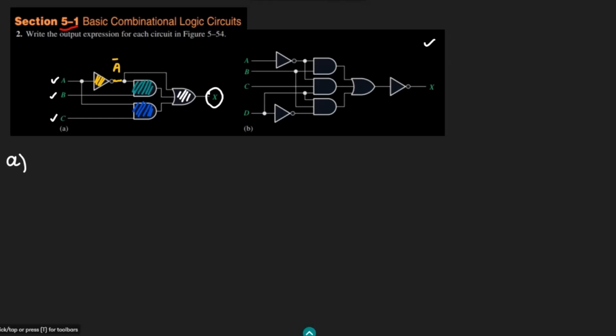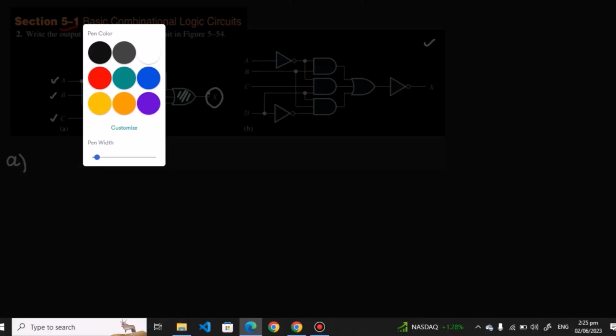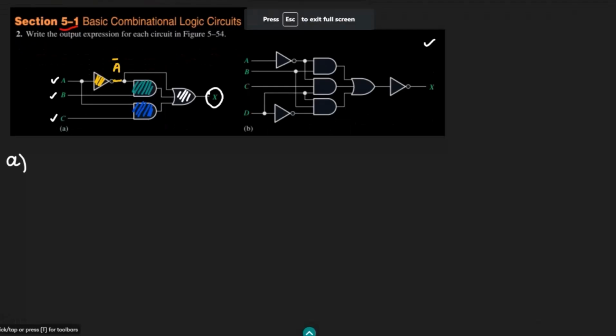Similarly, B is given to this AND gate. Here this B is given with this A complement, and what are we getting out of it? The color which we are using for it is this light green, so let me use this light green for the output.